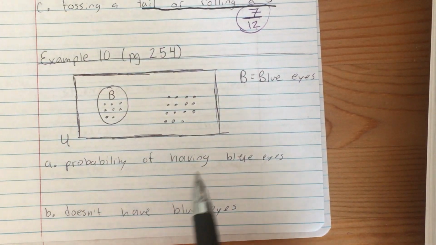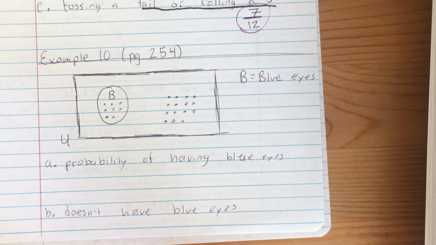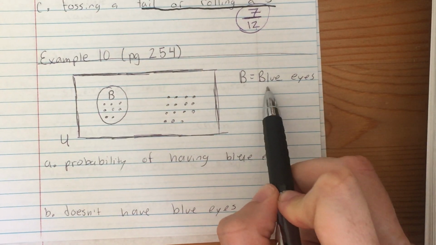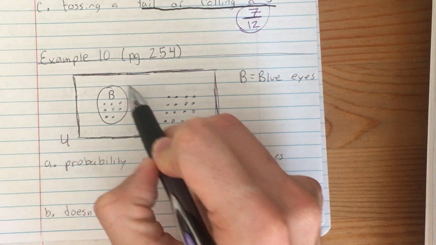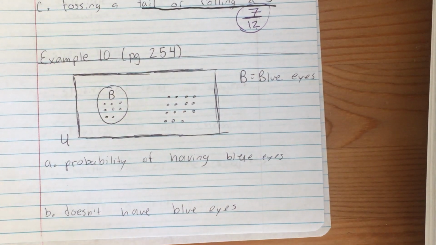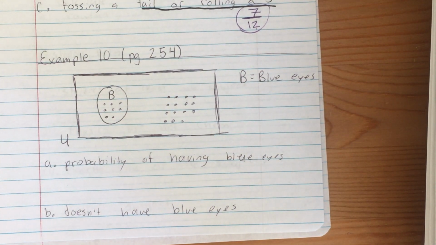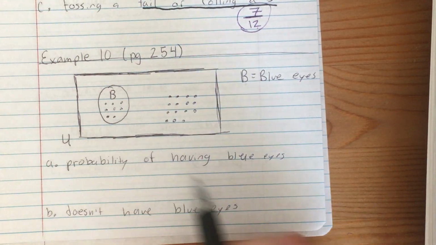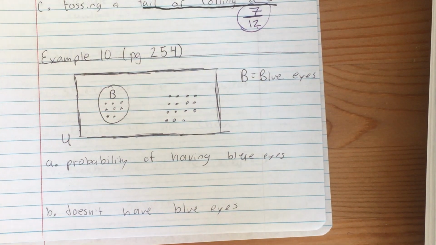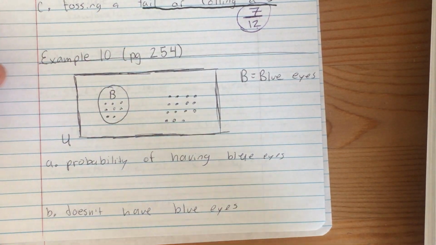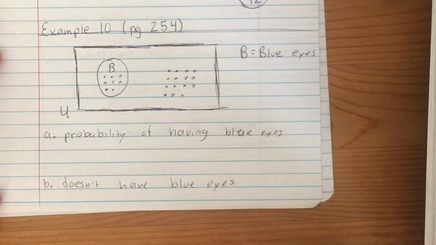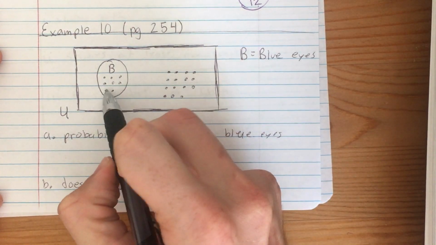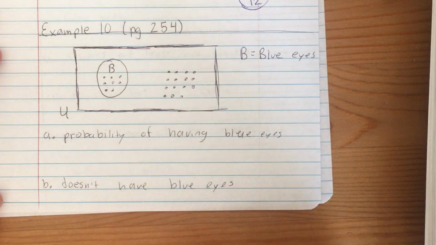So this is example 10. And the way that this is set up, we've got a Venn diagram here. B stands for blue eyes. So anybody who is in this circle is identified as having blue eyes. And everyone outside, but still included in the universal set here, are people who do not have blue eyes. And so if we want to find the probability of having blue eyes, that would be everybody in this Venn diagram right here.